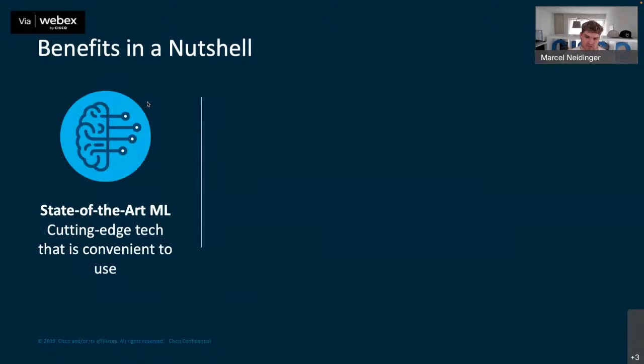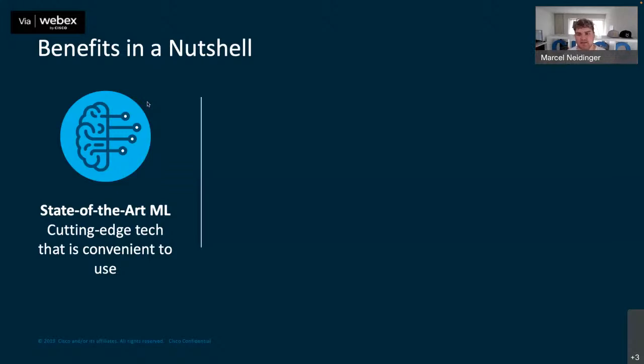So just to quickly summarize the benefits for you in a nutshell, this is tech that is actually cutting edge, right? The language models and all the stuff that is within MindMeld is used by us ourselves. We use MindMeld, for example, for Webex Assistant. So the way that you can say, okay, Webex, in front of a device, for example, and then voice control it.